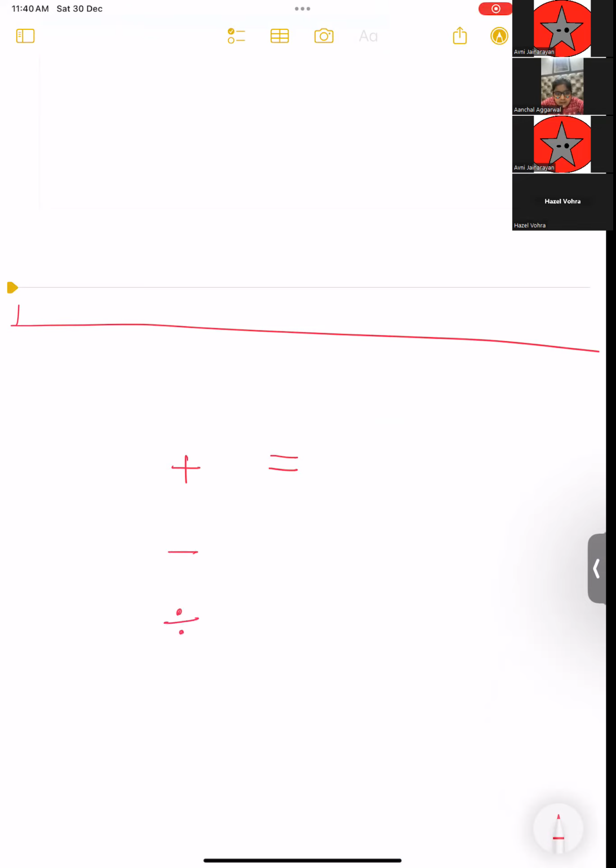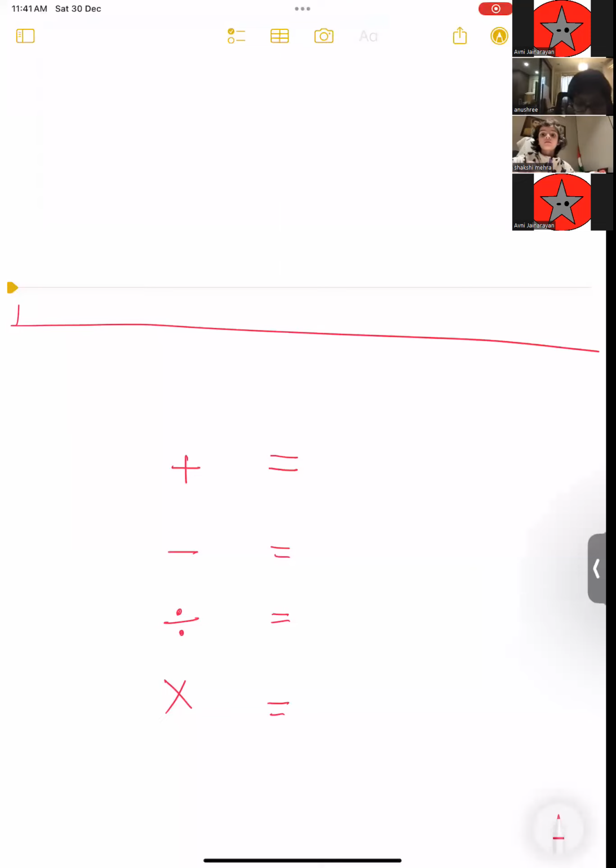Minus. This? Divide. Multiplication. Now everybody will go on mute and I will ask Kabir to answer. So when I have plus and I have to take my plus on the other side of equal to, plus becomes minus. Minus becomes?